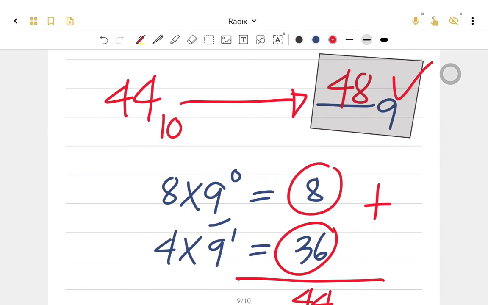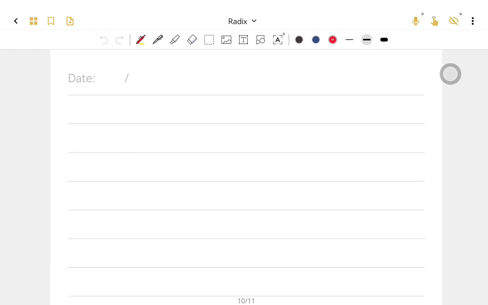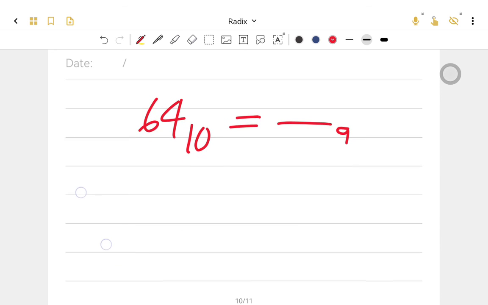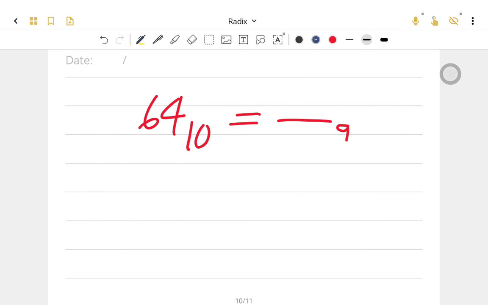All right. So try this one for the last time. We have 64 with the base 10 equals blank in base 9. So we have 7, 1.